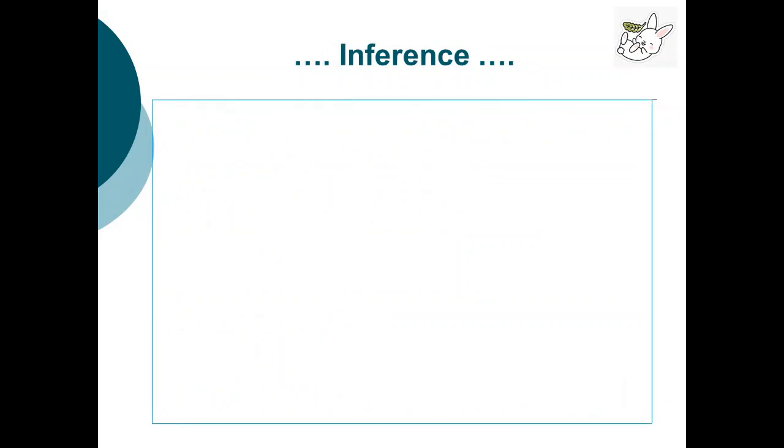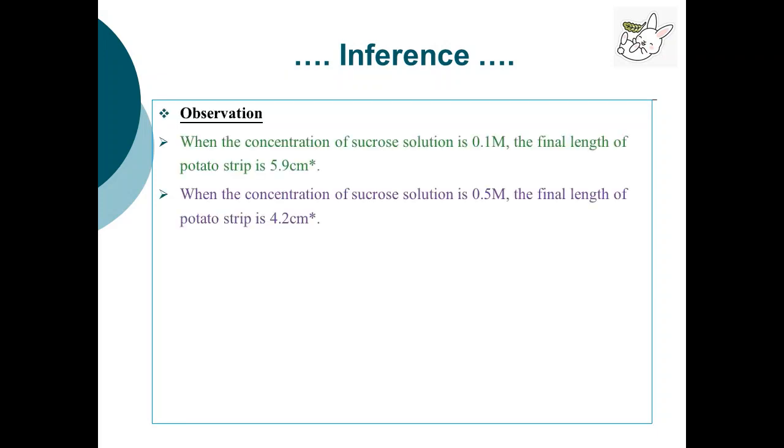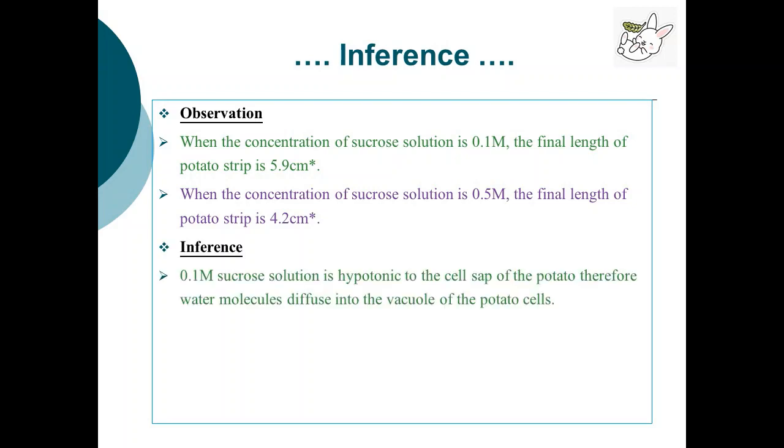After observation, candidates will mostly be asked about the inference or explanation. This means we need to give reasons why the observation is like this or like that. Now we look at the inferences corresponding to the two observations that we have made just now. Number 1, 0.1 M sucrose solution is hypotonic to the cell sap of the potato.